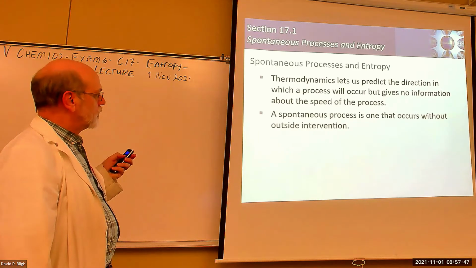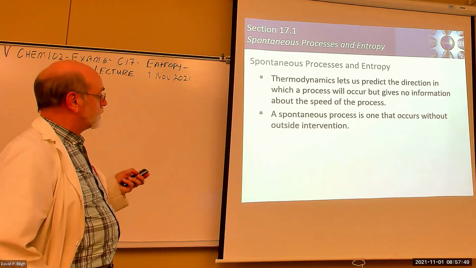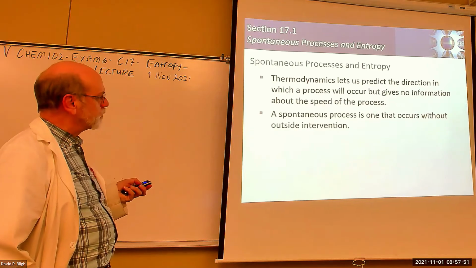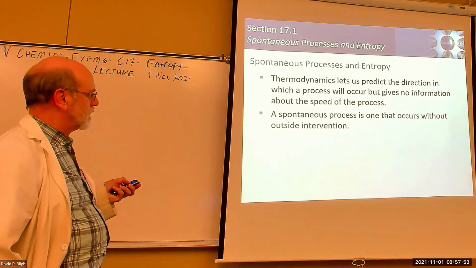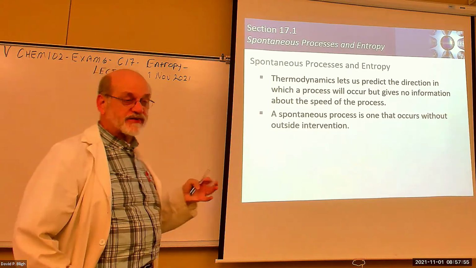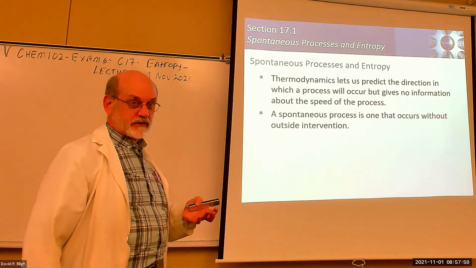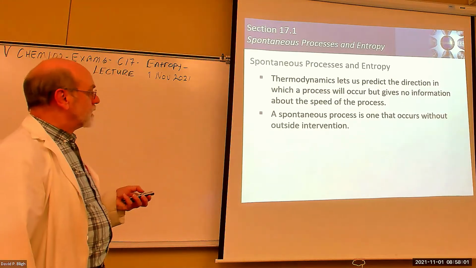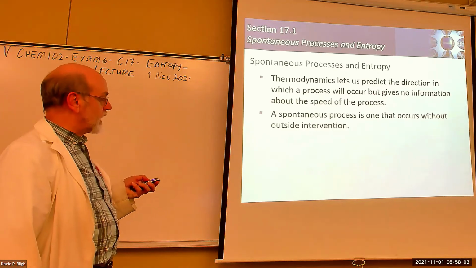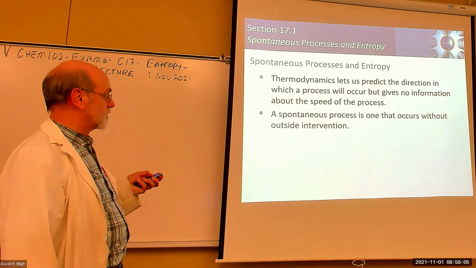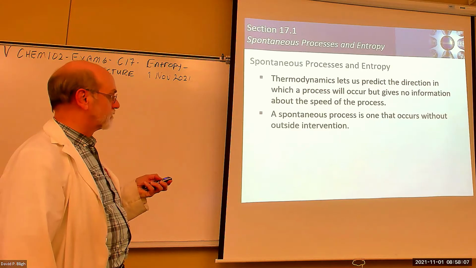So with an understanding of thermodynamics, we can predict the direction of any process. In fact, it doesn't have to be a chemical process. It could be physical too. But we don't have any information about the speed of the reaction, only the direction.